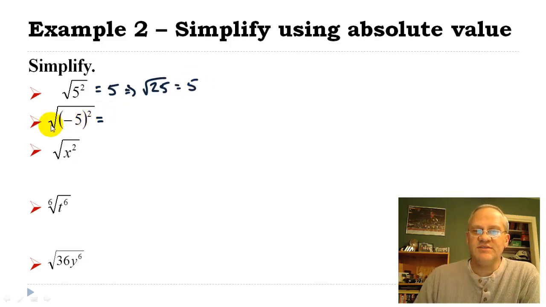If I just cancel these, the square root cancels the square, and you go, oh, I get negative 5. But what if I walk through the whole problem and I did negative 5 squared is positive 25, and then I take the square root of 25, I get positive 5. Oh, wait a minute, I got two different answers. This way I got negative 5, this way I got positive 5.